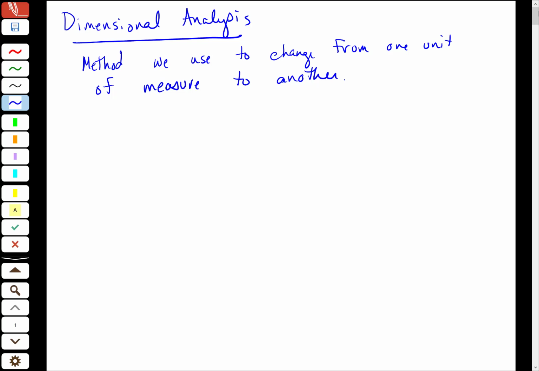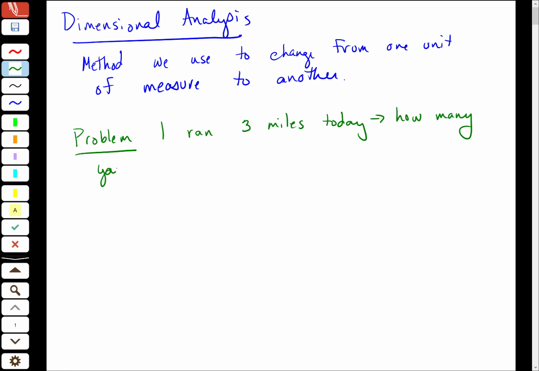A problem might be like I ran 3 miles today. How many feet is that? Or maybe yards? So I have something measured in one set of units, which in this case would be miles, and I want to figure out how far that is in a different set of units.